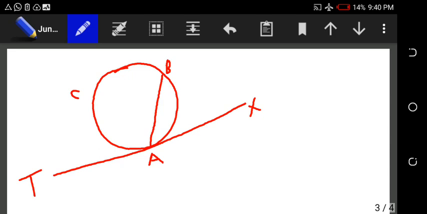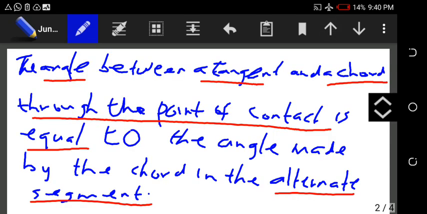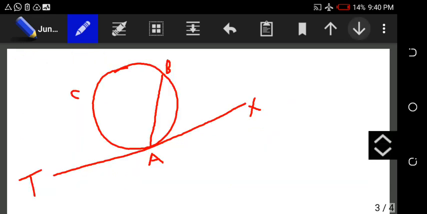Now the theorem states that the angle between the tangent and the given chord through the point of contact is equal to the angle made by the chord in the alternate segment. Therefore, this chord should subtend an angle in the alternate segment.